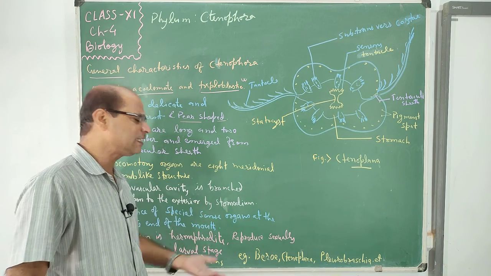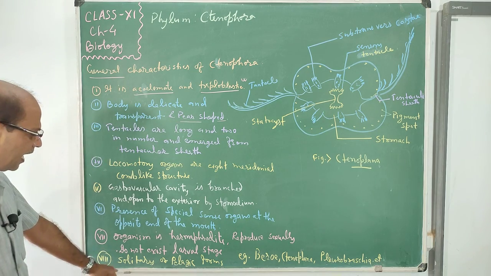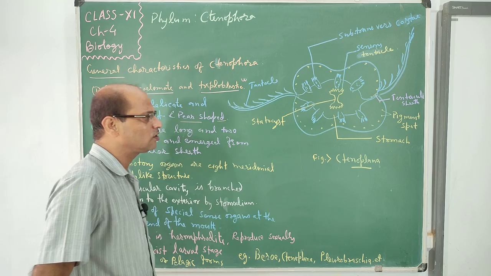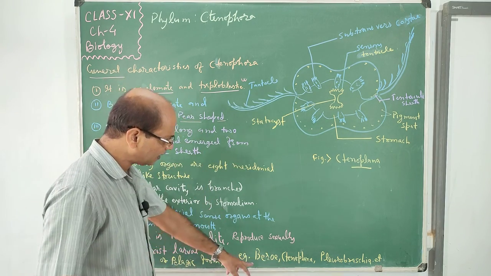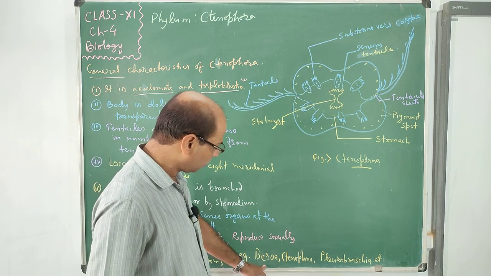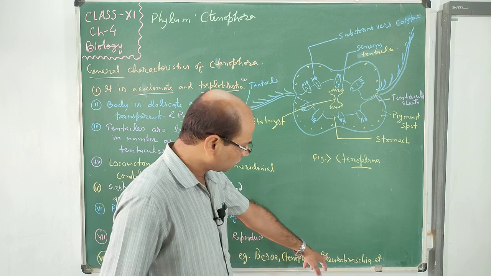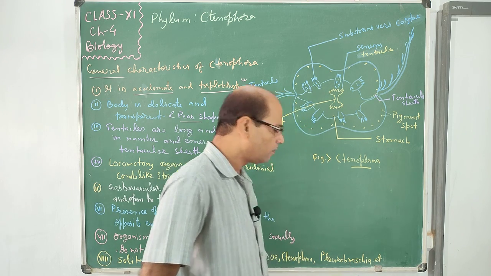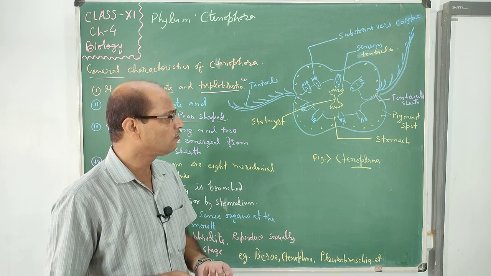They develop without a larval stage, and solitary and pelagic forms are present. So these are the characteristics of the Ctenophora, and examples are Beroe, Ctenoplana, and Pleurobrachia. Pleurobrachia is an example of this phylum.